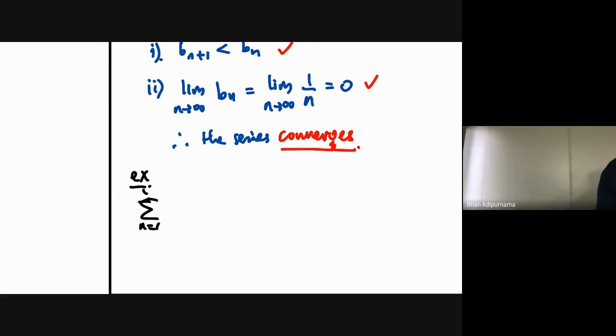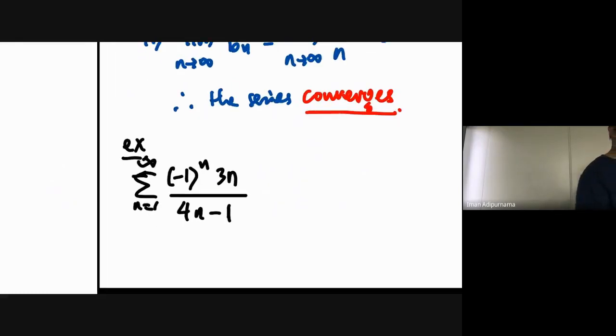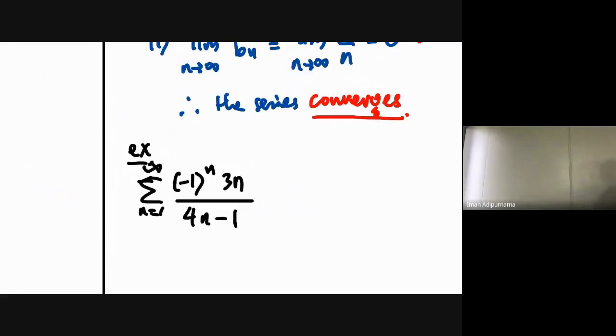Series from 1 to infinity. Okay. What about this one? Okay. You have alternating series with the negative 1 to the power of n and 3n over 4n minus 1.